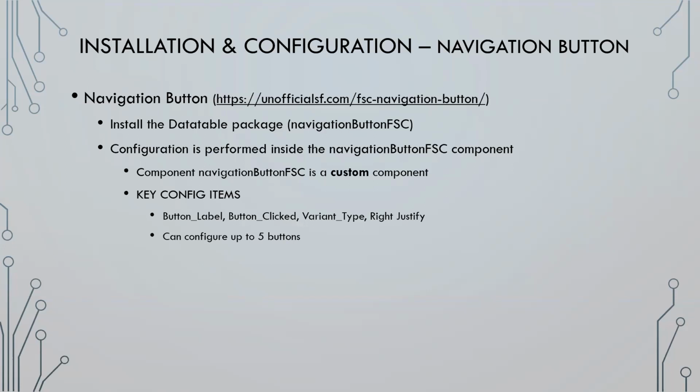There's a parameter called button click, so you can both check to see if it's set, but you can actually have the button set or not set, to start with for whatever reason. Some variant types give you some sort of coloring to the button. And then you can place the button on the left side or the right side of your page. The other thing is you can configure up to 5 buttons on a given page or screen.